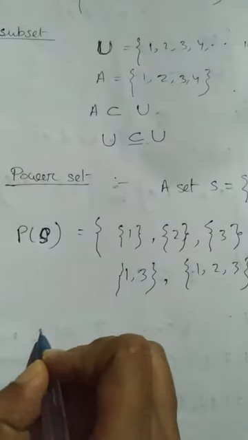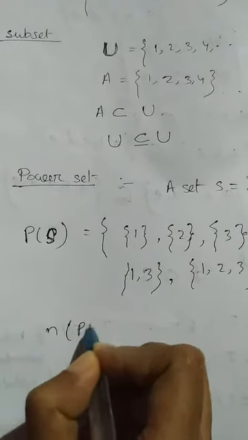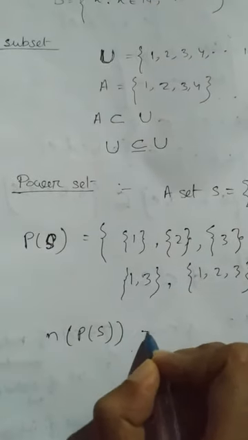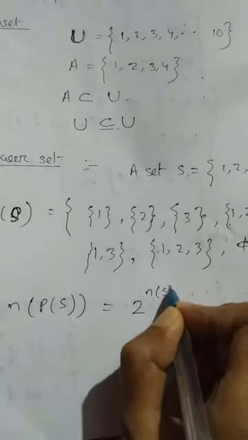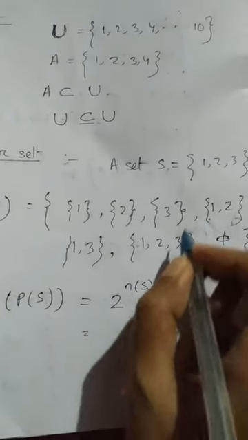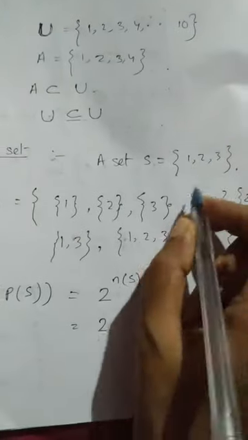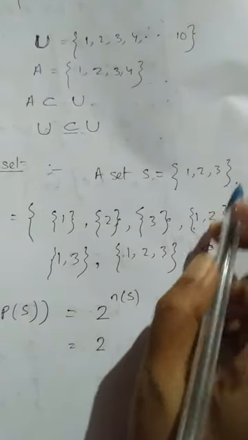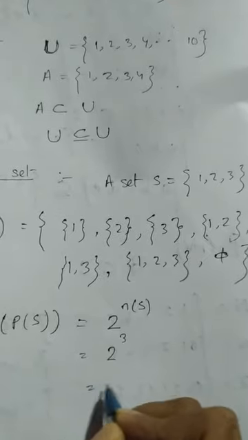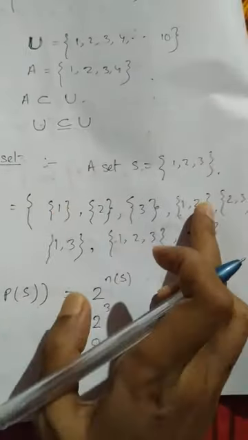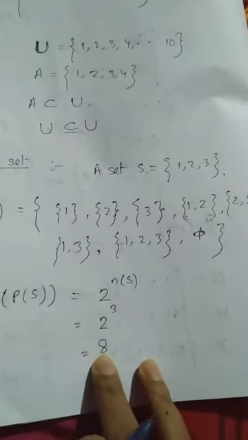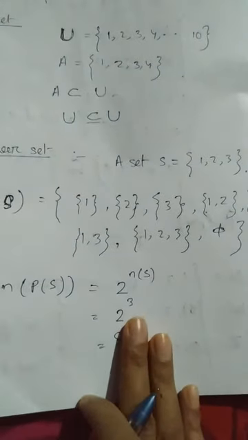Now the number of elements in the power set is 2 to the power n(S), where n(S) means the number of elements in S. In this case, how many elements are there? 1, 2, 3. So 2 to the power 3 is 8. You can see that 1, 2, 3, 4, 5, 6, 7, 8 is also 8. So this is the concept of power set.